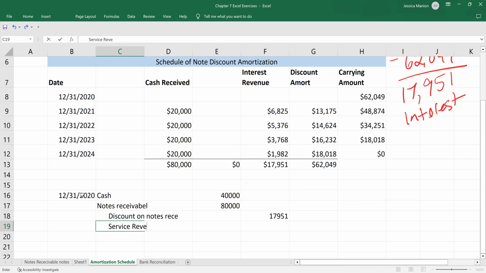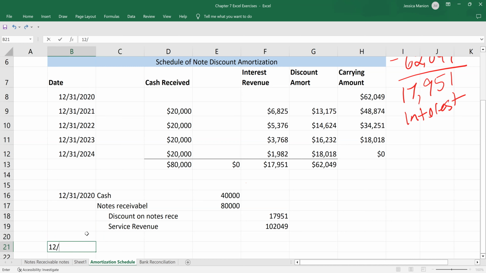We provided 102,049 worth of services. And again, we've got 120,000 on this side, and 120,000 on that side. 2 debits and 2 credits. Okay, so that's when we initially accept the note.